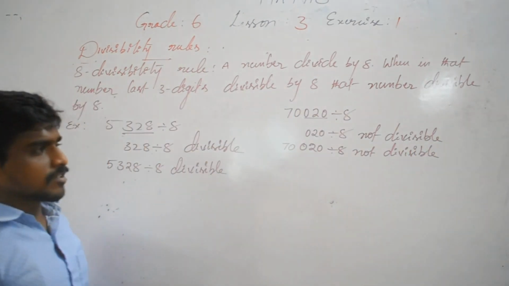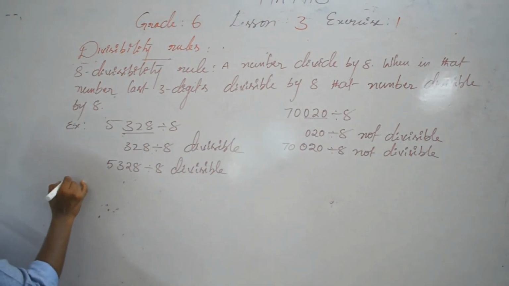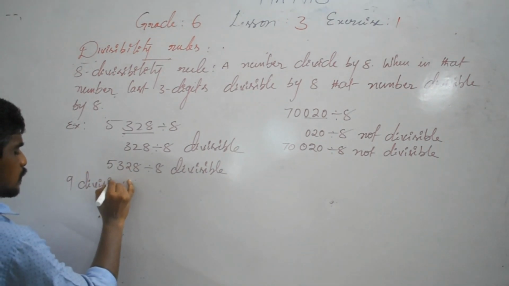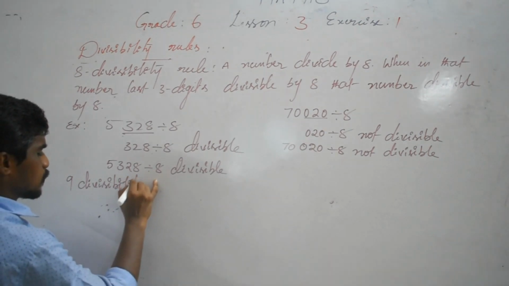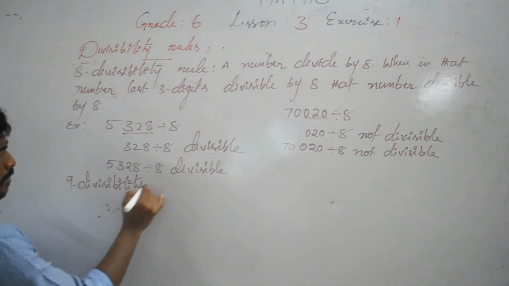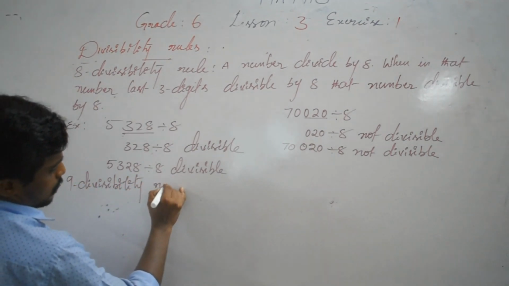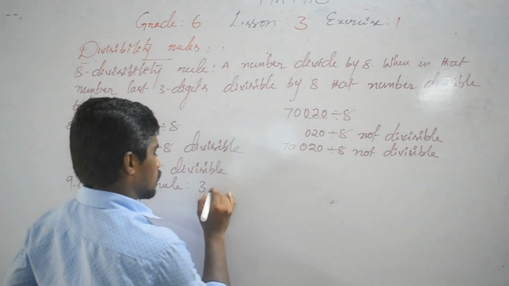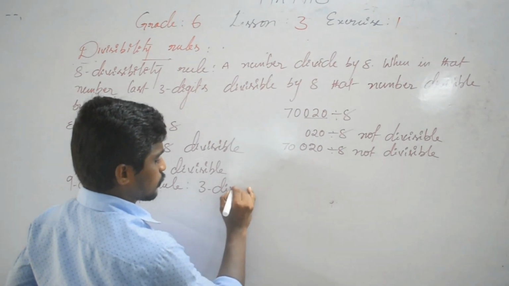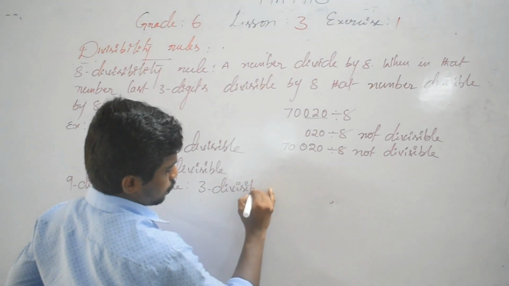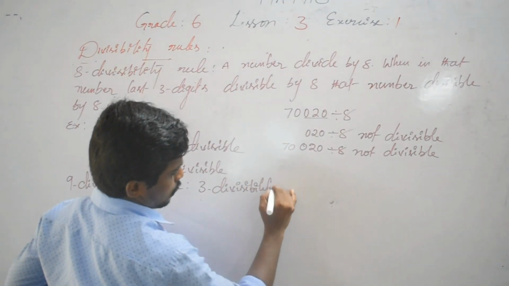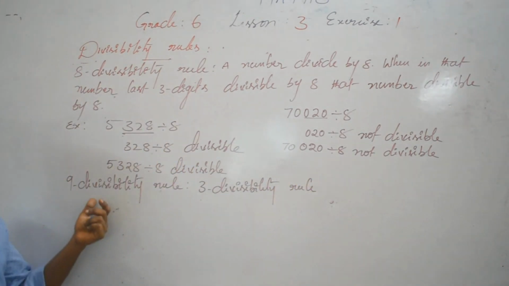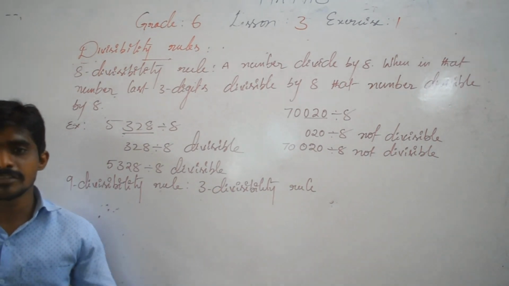So the 9 divisibility rule, like the 3 divisibility rule.